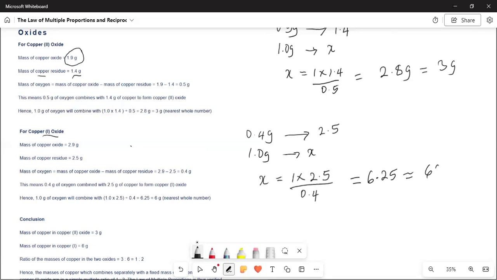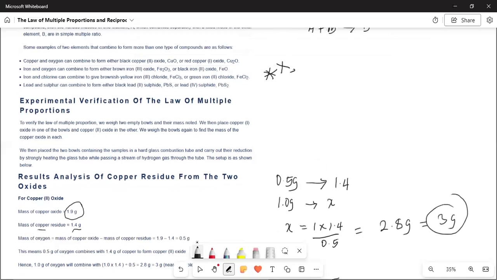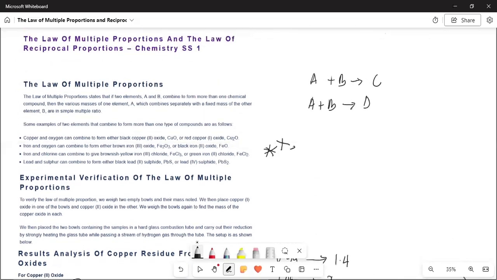So you can see now, for copper 2 oxide, the mass of copper is 3. Then for copper 1 oxide, the mass is 6. What is the relationship between 3 and 6? 6 is a multiple of 3, and that is what the law of multiple proportions is. Where is the law?